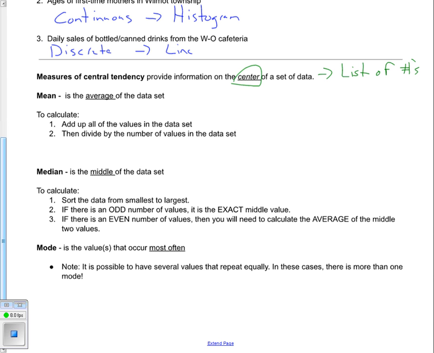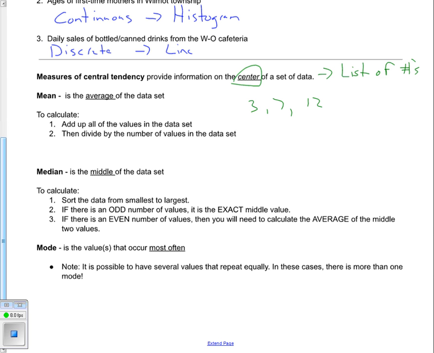So a mean is the average of a data set. In a data set, to figure out the mean, you add up all the values in the data set, and then you divide by the number of values in the data set. So let's say, for example, I had 3, 7, and 12.